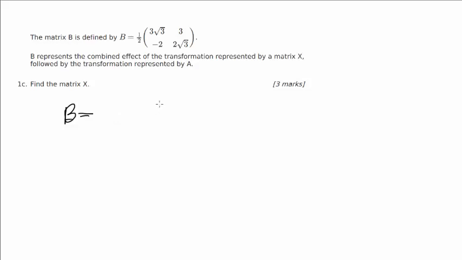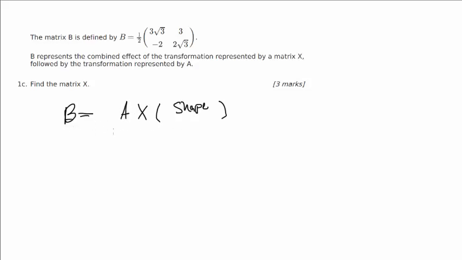You would have some shape that you're going to transform, and it says X followed by A, so X should be first, closest to the shape, and then you follow it with matrix A.